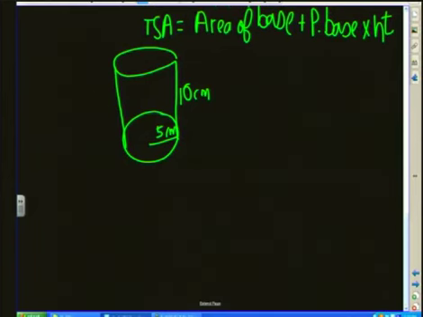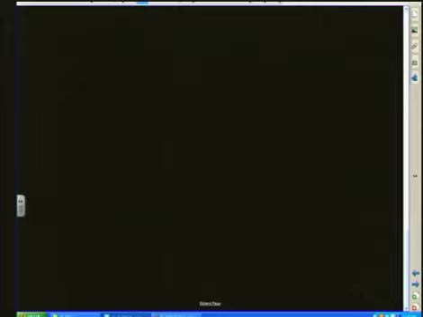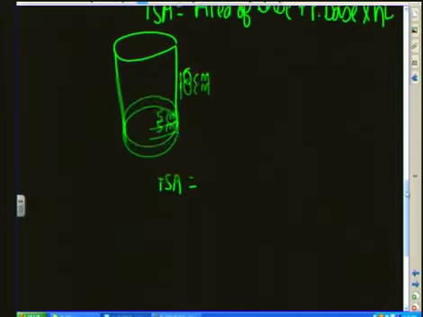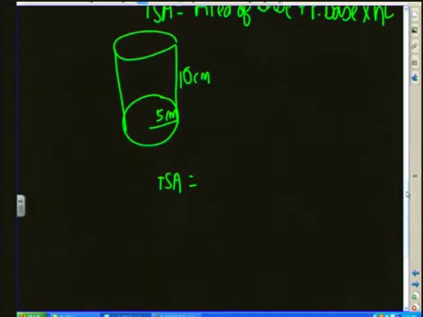Using my formula, total surface area is equal to 2 times the area of the base. This is when it's important to remember your formulae, because now we're dealing with a circle. What is the formula for the area of a circle? The area of a circle is equal to pi r squared.